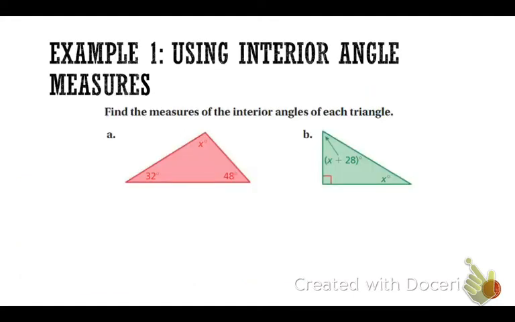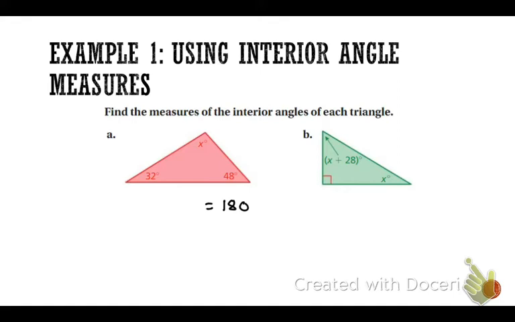Okay, so using interior angle measures. Using what I know to be true of the sum of all the angles of a triangle, I'm going to make an equation. I know that they're all going to add up to 180. That's going to be my total every time for a triangle.